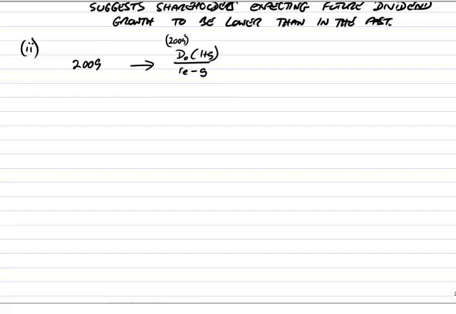But if we multiply by 1 plus G, it's assuming that the dividends are going to grow at G per year. And so this bit was the expected dividend in 2010. It's 2009's dividend, D0, times 1 plus G, the dividend in 2010.